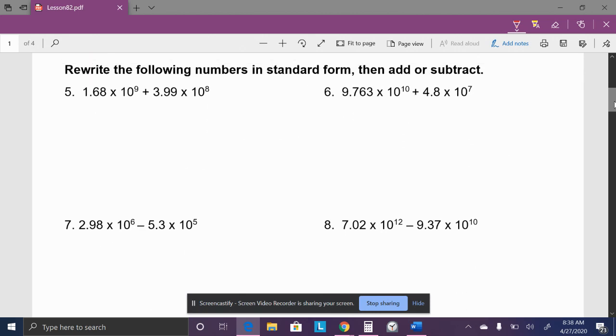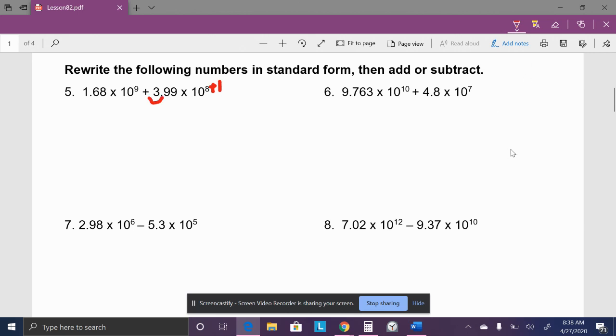Let's look at number 5. Notice with number 5, we have powers of 10 that are not the same. So I have to adjust them, either one of them or both of them. I'm going to bring the 8 up to the 9. In order to have them be the same, I have to add one here. Now remember, when I make this bigger, I have to make this front number smaller.